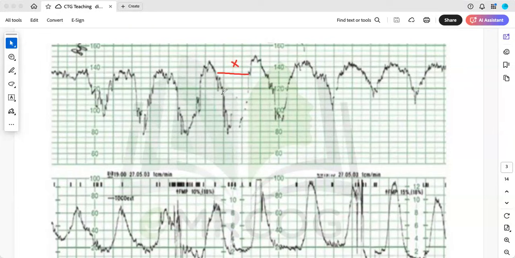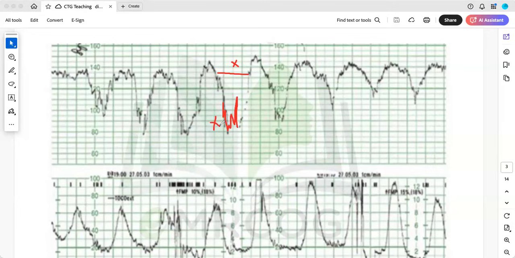As you can see here, the fetal heart rate goes down, tries to recover up, and goes down again, and it's repeated a few times. So this baby is struggling to return back to the baseline fetal heart rate. If this feature is present, it is another concerning feature.